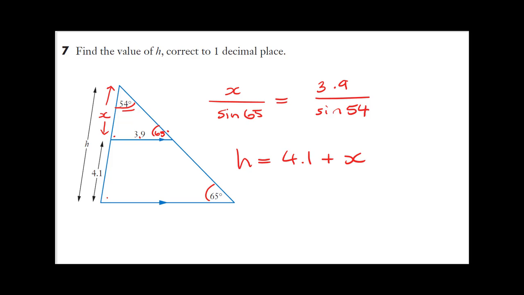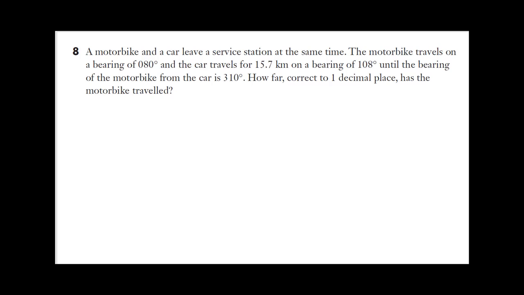So that's question 7. Question 8, a motorcycle and a car leave a service station at the same time. The motorbike travels on a bearing of 80 degrees and the car travels 15.7 kilometres on a bearing of 108. Now this one's a little bit different from question 6 that we did earlier.